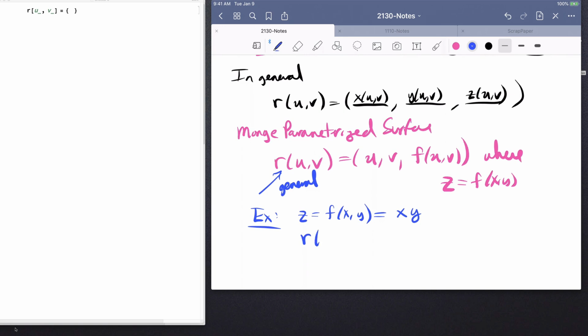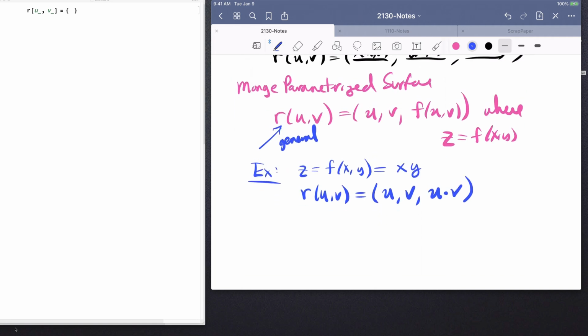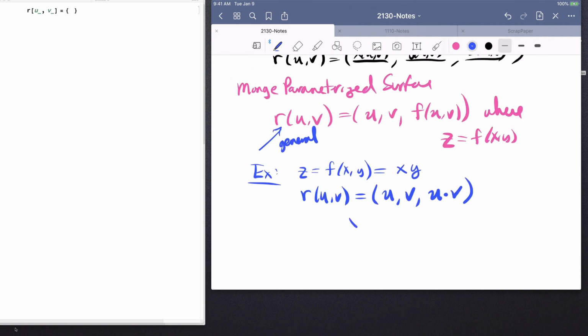Then the Monge parameterized version of that surface is u comma v, where x is equal to u and y is equal to v, so z is equal to u times v. So what we are seeing is that x is equal to u, y is equal to v, and z is equal to u times v.